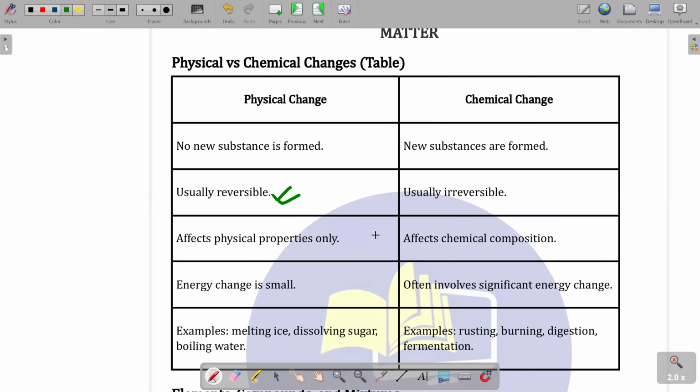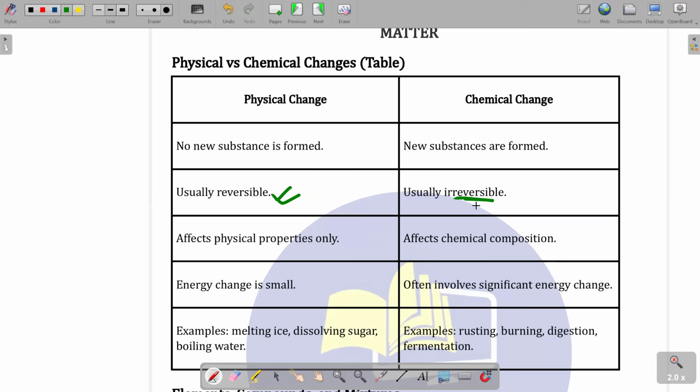That is, water can be frozen and it turns to ice. Ice can melt and it goes back to water. That kind of process is said to be a reversible process. So usually chemical reactions or chemical changes are irreversible, but not entirely. There are some chemical reactions that can also be reversible.